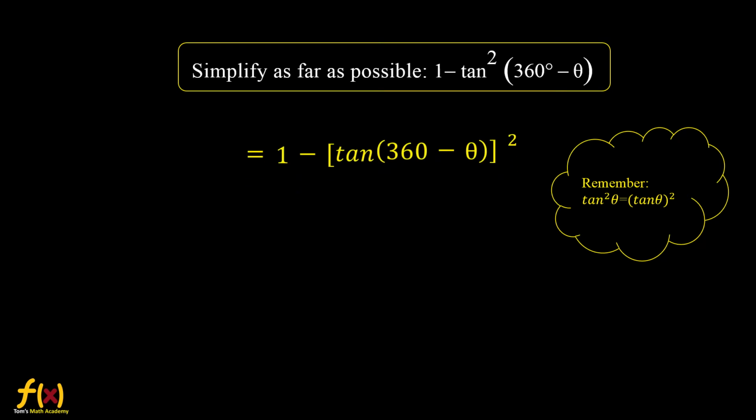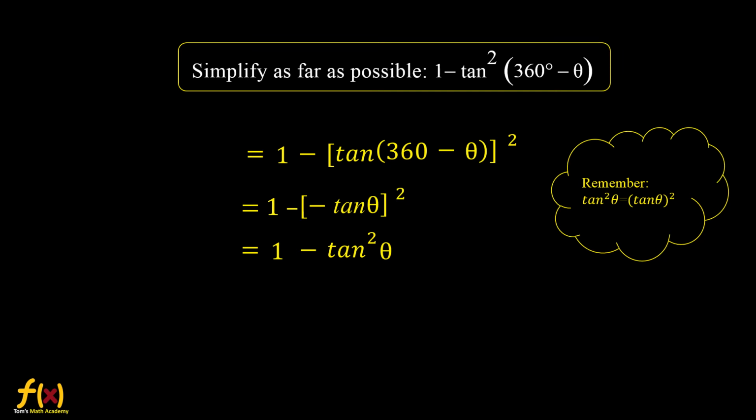We simplify tan of 360 minus theta first. Which quadrant? Fourth quadrant. Tan is negative.